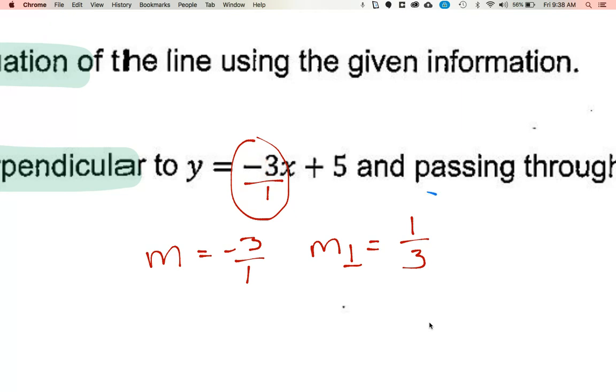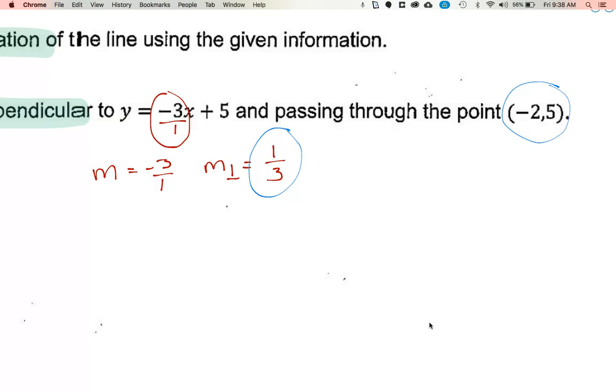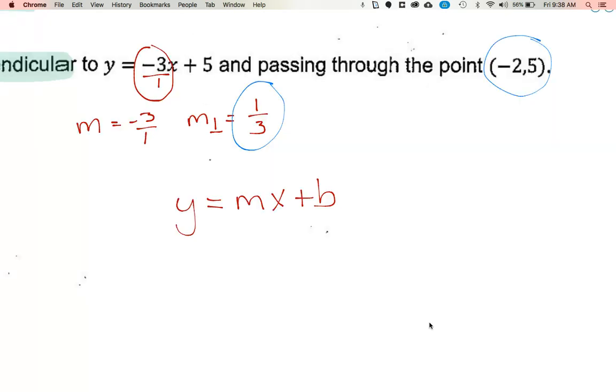So now we're just going to use this slope with this point. And that's going to look like y equals mx plus b. I'm going to get my y and my x value from this point. My slope is going to come from the perpendicular slope.